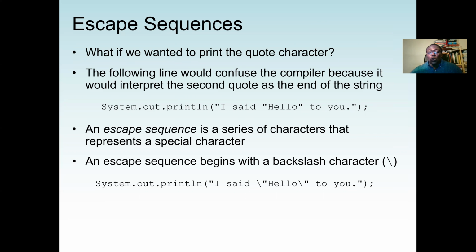If I want to print a double quotation character, since Java understands what quote means, we have to use a backslash to notify Java that we want to print the quote, not translate the meaning. So if we wanted to print the quote character without it, the compiler would be confused because it will interpret the second quote as the end of the string. So like I said, then we have hello.